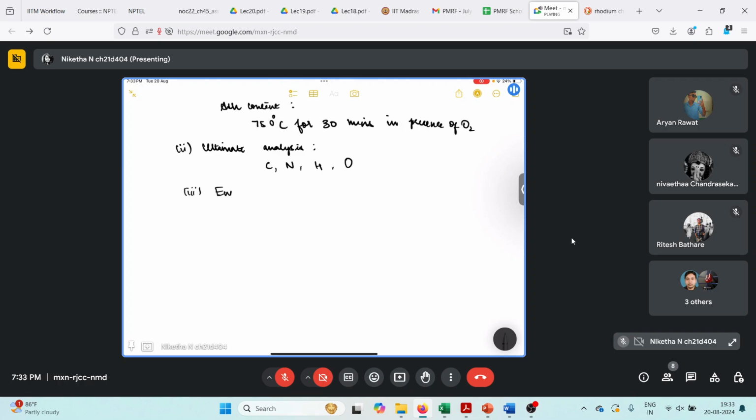And then coming to energy content. In energy content, there are actually two types of heating values. One is the higher heating value, and the other one is the lower heating value.